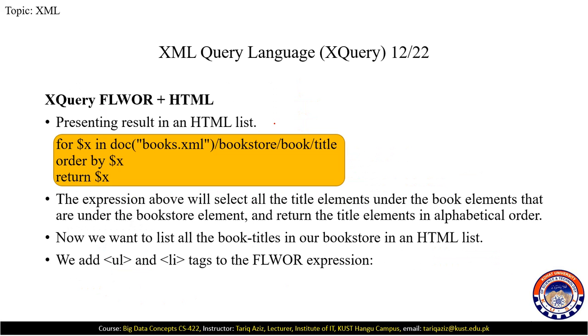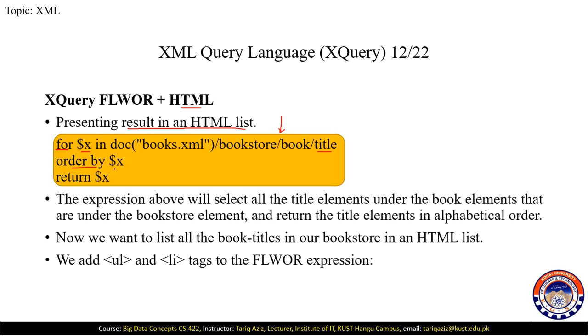Now dear students, can we use the FLWOR expression plus HTML? Yes, indeed, we can use this. So what will be the query? This one query is presenting the result in an HTML list. So again, here we have the for clause, and this time it is extracting the title element into the variable x, and then we want to sort the result, so we use the order by clause.